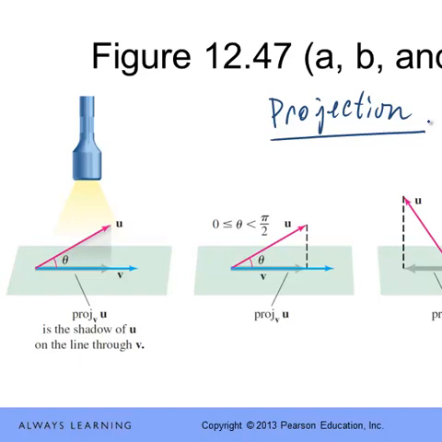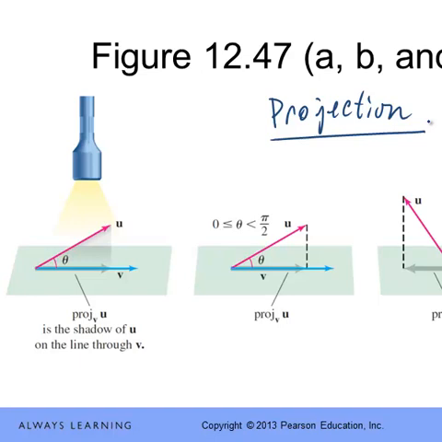Then imagine that you were to shine a flashlight where the beams of light go directly down. And then you imagine the shadow that's cast by the vector u onto vector v. That shadow would be the length of the projection of u onto vector v.